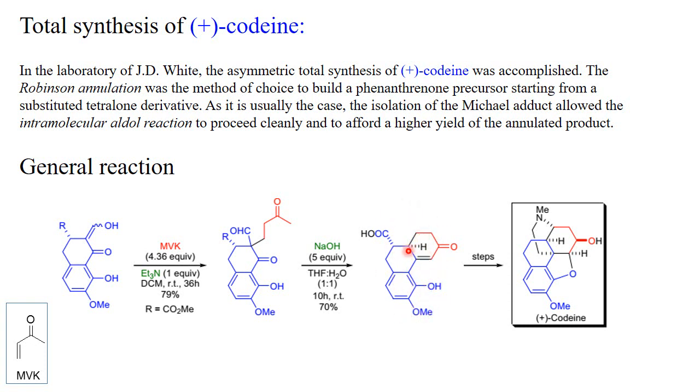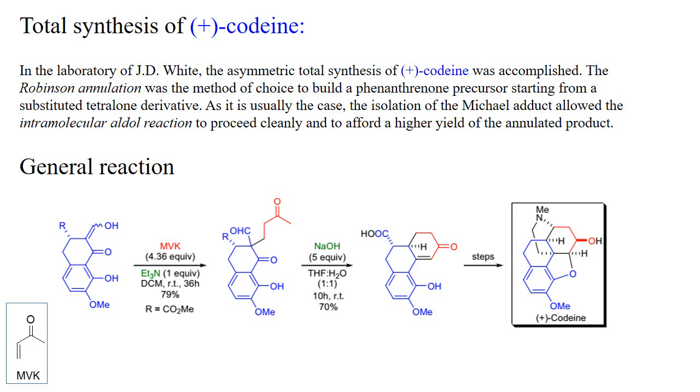When this tetralone derivative is treated with methyl vinyl ketone in the presence of triethylamine and DCM, it gives us a 1,5-diketone product. See over here, 1, 2, 3, 4, 5. This step is called the Michael addition step.